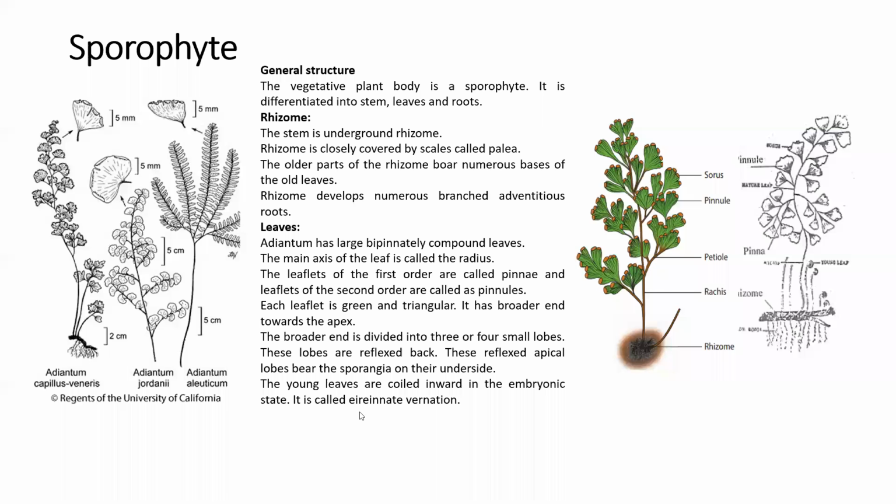It is called circinate venation. Sometimes the young leaves are in the form of rolled structures, which arise from the rhizome. So this is the structure of the sporophyte of Adiantum.